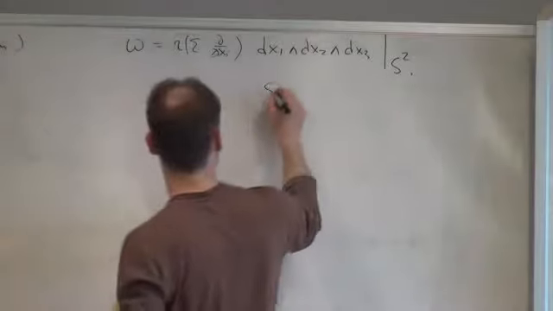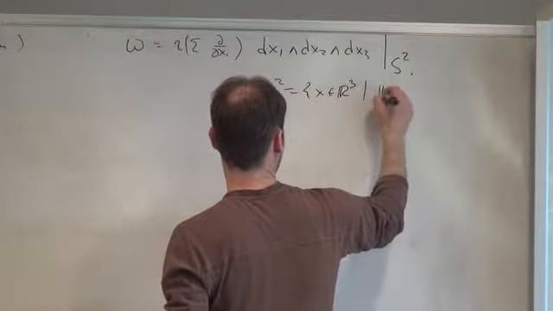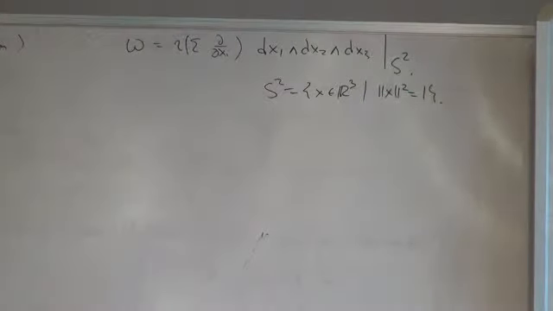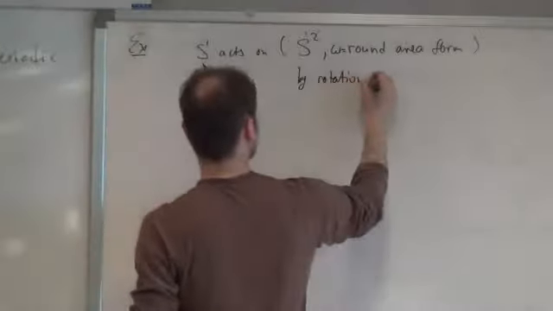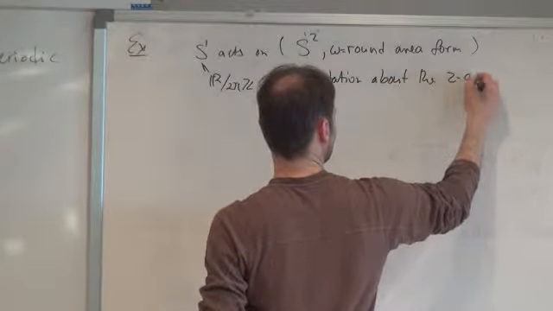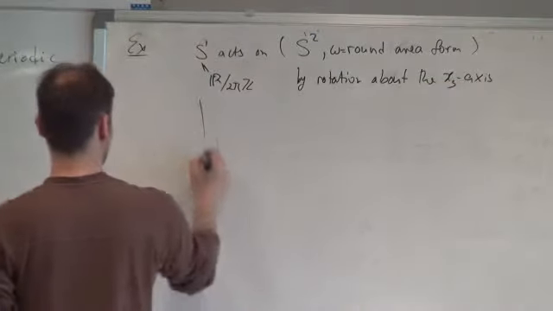So here S2 is x in R3 with norm x squared equals 1. Not an ellipsoid or anything of that sort. Nothing bumpy. So take that S2, take that 2 form, by rotation about the z-axis, or x3 axis. Right? So here's the picture.